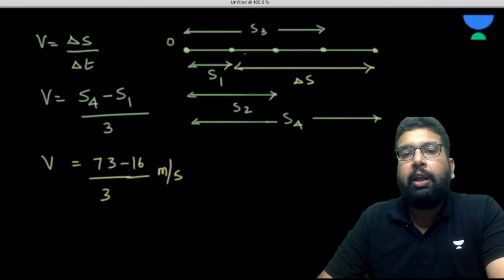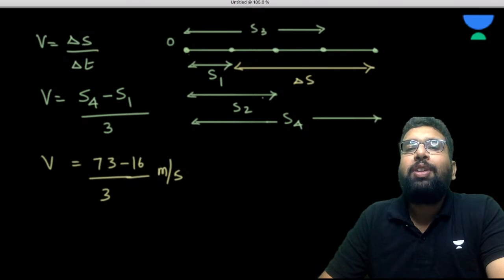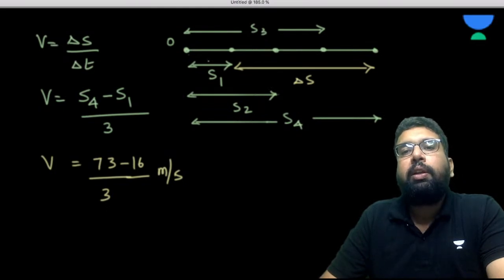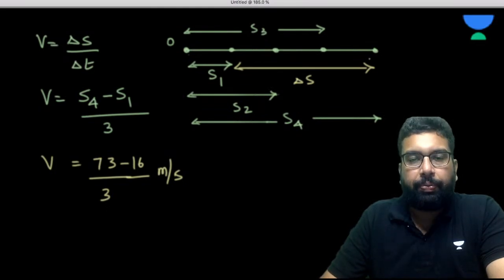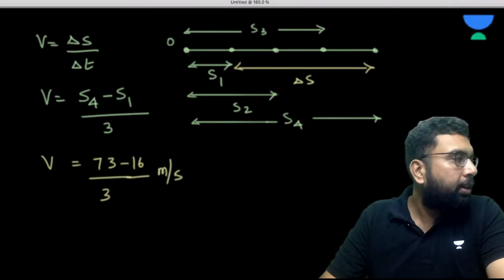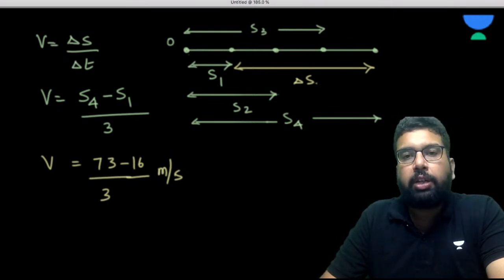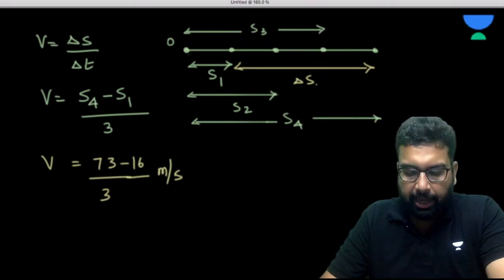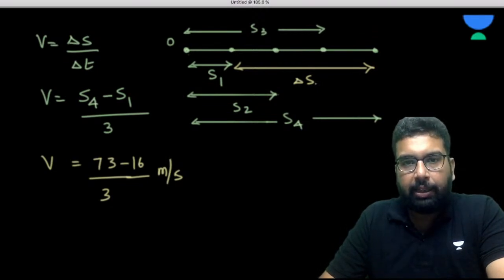In 2 seconds you reach the s2 position, in 3 seconds the s3 position, and in 4 seconds the s4 position. Now what is your change in displacement? It is going to be s4 minus s1, from 1 to 4. So this is delta s.